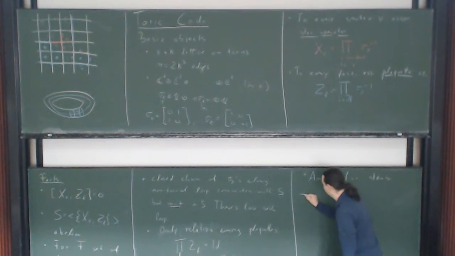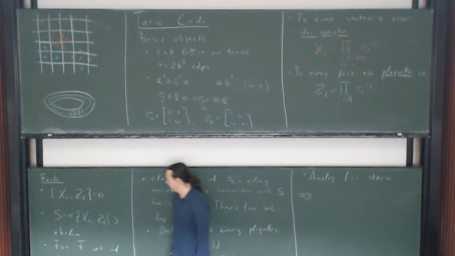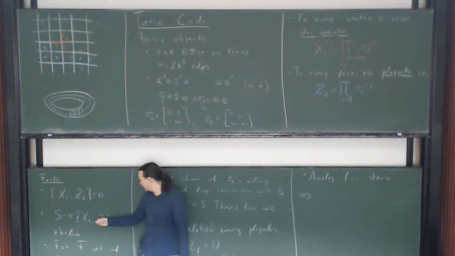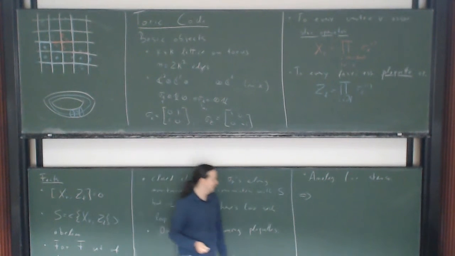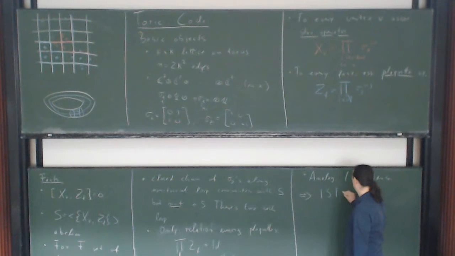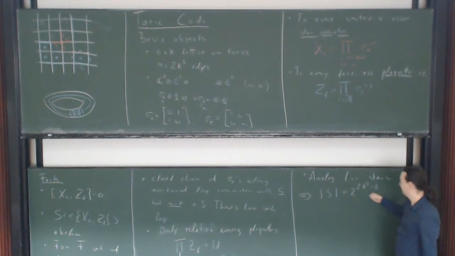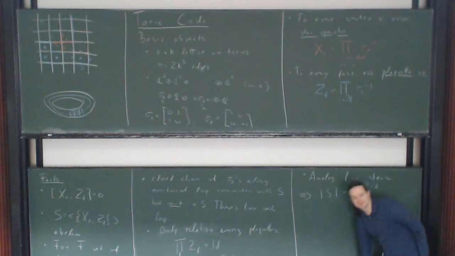And now we can compute the size of this group. We also have one relation. Certainly there's no relation between x's and z's, because there's no way I can get an x operator from z's. So in the end, the size of the group S will be 2 to the 2k squared minus 2, one for the x and one for the z types. Any questions?